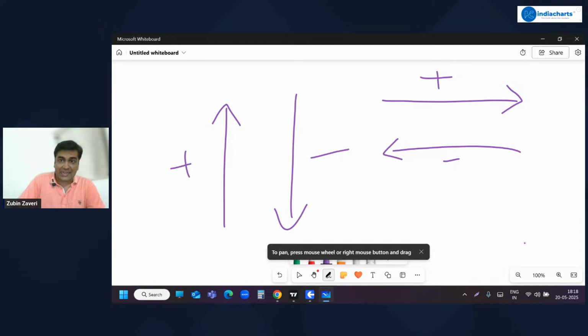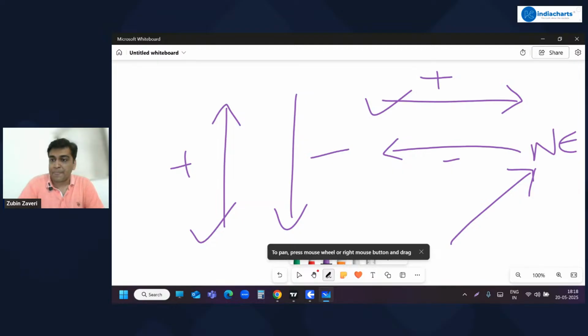I hope this is clear. So the arrow needs to have increasing momentum, and its strength also needs to increase.